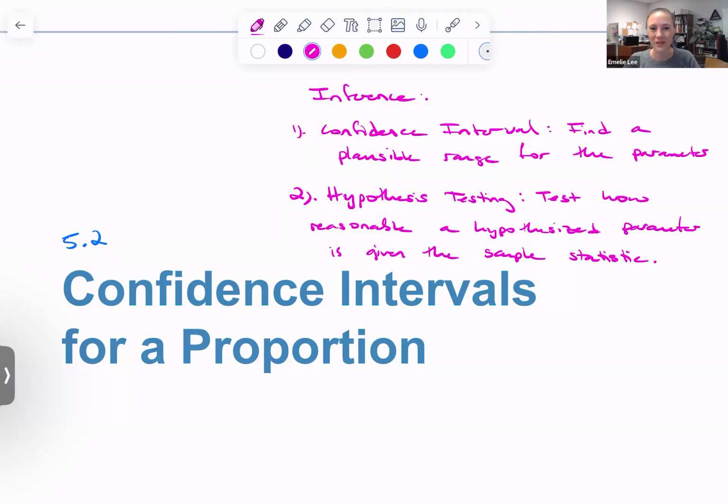Okay. We'll start with confidence intervals. So now we're going to find this plausible range of values that might capture our population proportion.